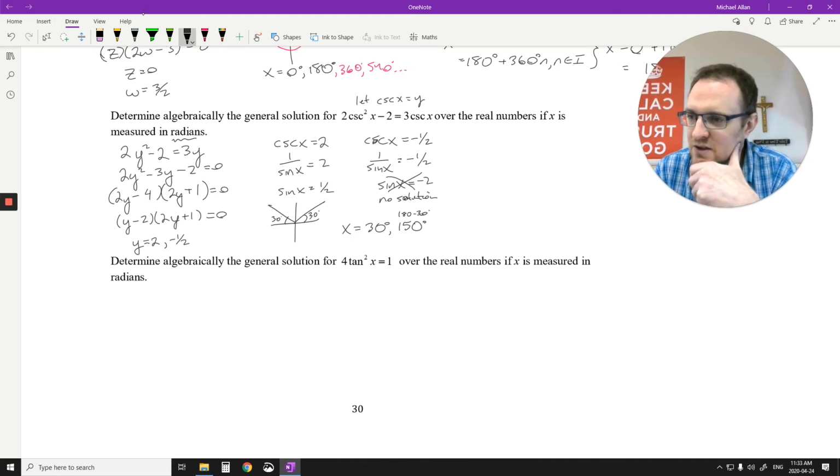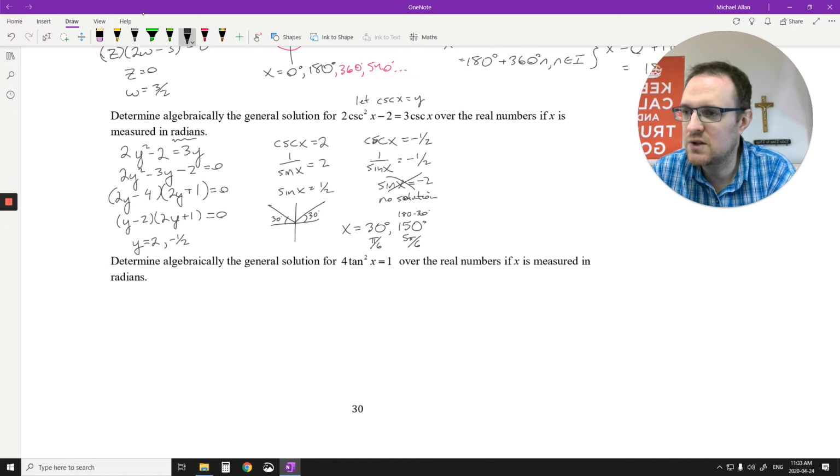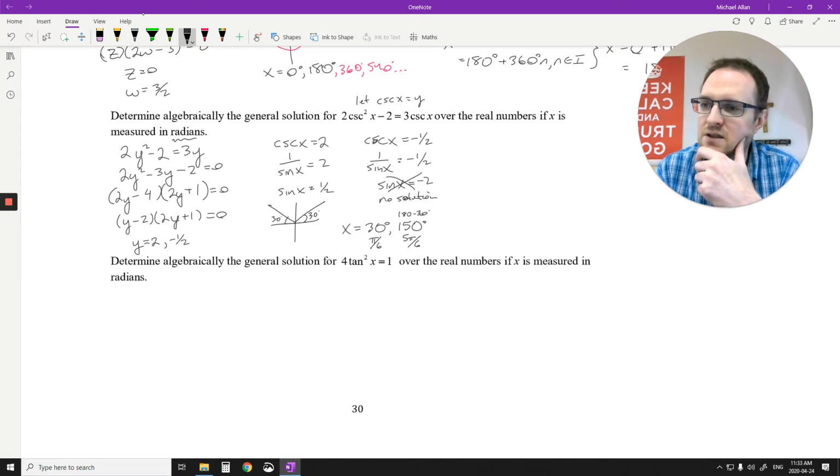But first of all, I'm going to change these to radians. Okay, so I got pi over 6 and 5 pi over 6. You could do that quickly in your calculator. So my solutions here are going to be pi over 6. Now I could have this pi over 6, or I can go around, or I can go around again and again and again, right?